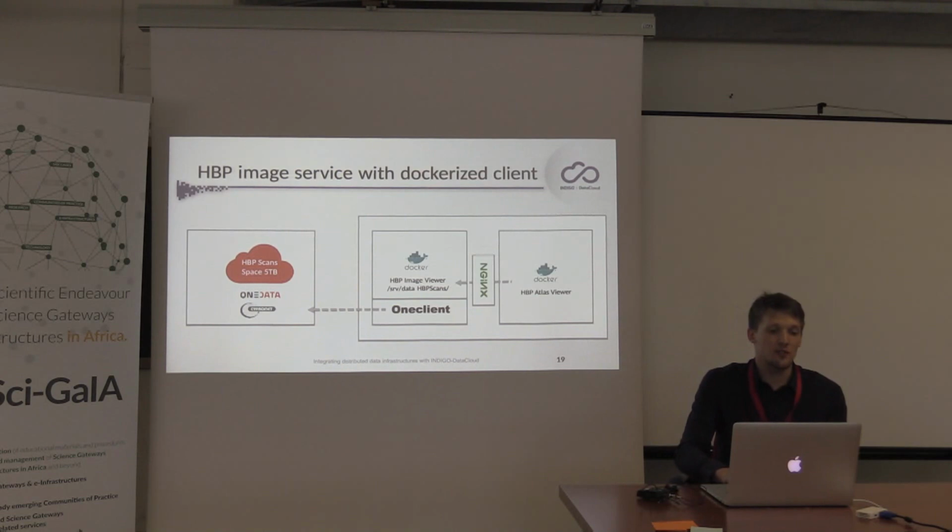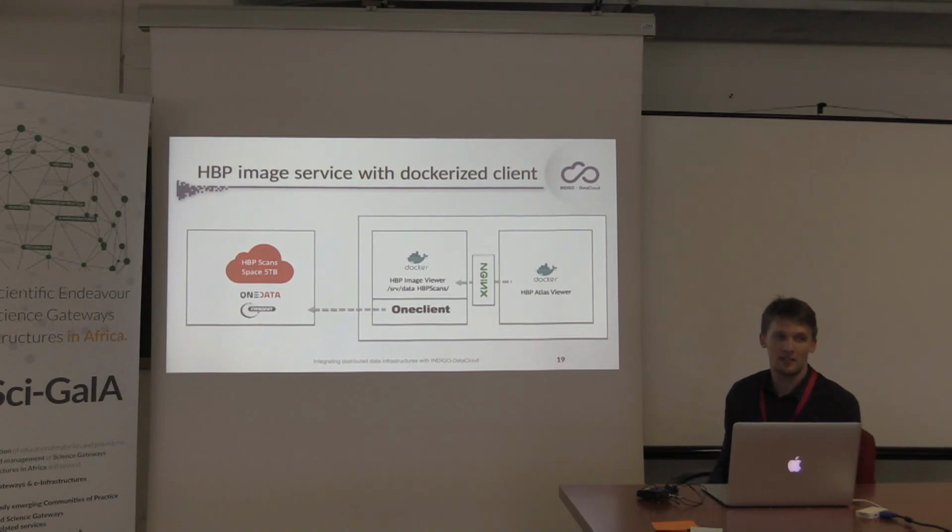The Image Viewer had one Oneclient mounted inside of the container, and the Oneclient interfaces with Oneprovider and fetches data from the HBP scans space, which had 5 terabytes of support. The file with the brain scans had about 5 terabytes of size.